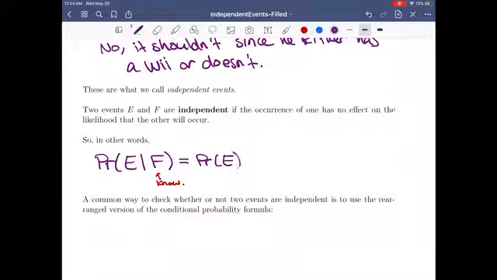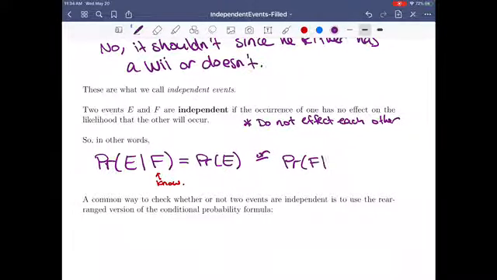It should be equal to what it was before, the probability of E. So we say that they do not affect each other. You could also say this the other way. If I have F given E, this should be the same as the probability of F. So whether or not E or F happens does not change the probability that the other happens.